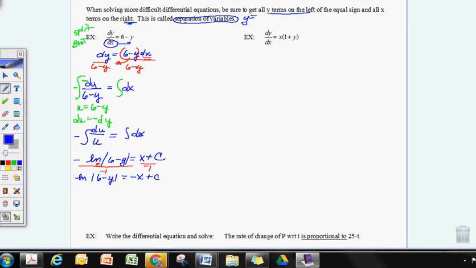So now rewriting this, and again, remember my base is e on here.